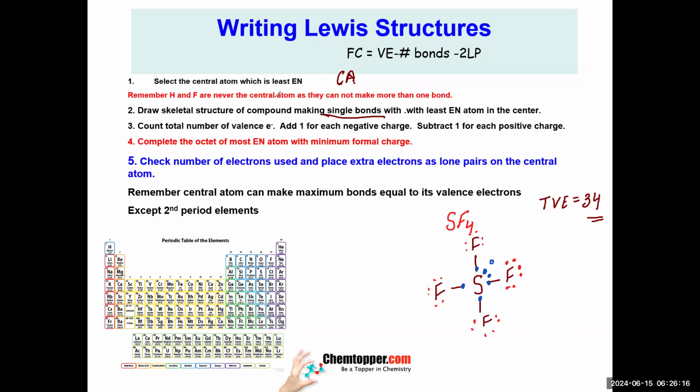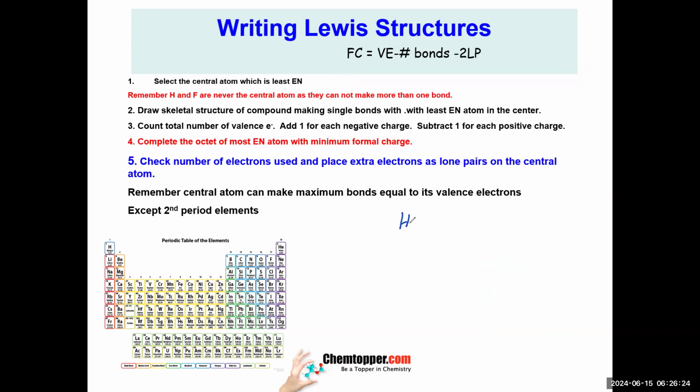Remember one thing again, hydrogen and fluorine can never be the central element. So can you draw the Lewis-Dot structure of H2S? Central element, sulfur, skeleton, total valence electrons, complete the octet.